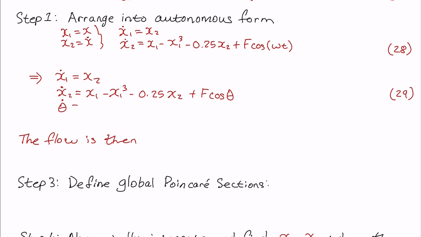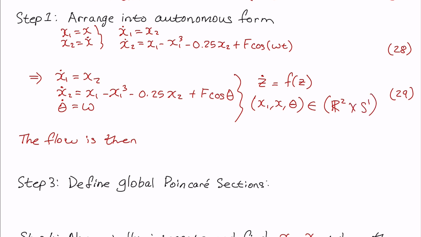And then theta dot is now equal to omega. And so here we now have an autonomous form. You could say something like z dot is equal to f of z, and then it lives in the domain x1, x2, and theta, living in the domain of R2 with S1 for theta.